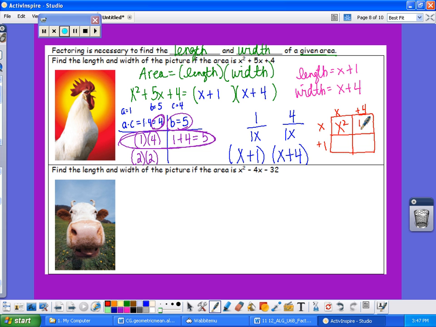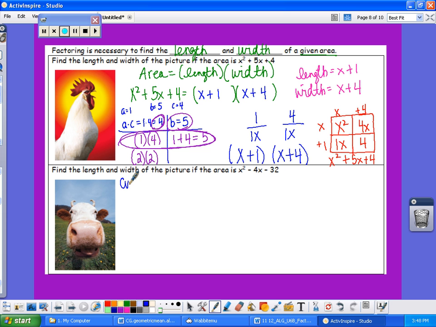X squared, 4x, 1x, and 4. And if I put this together, that gives me x squared plus 5x plus 4. And is that the area? Sure. I multiplied the length times the width, and it gave me the area of x squared plus 5x plus 4. Let's try the next one.